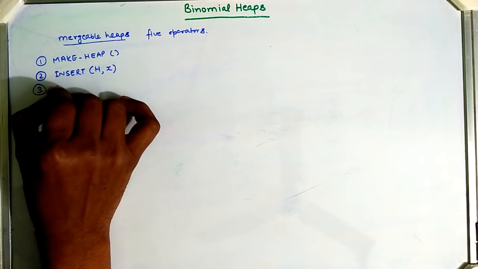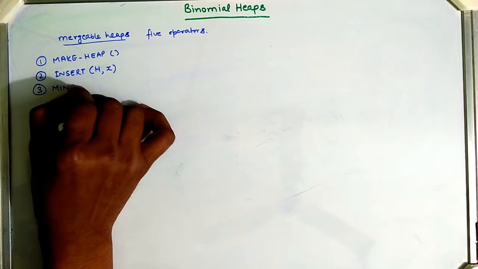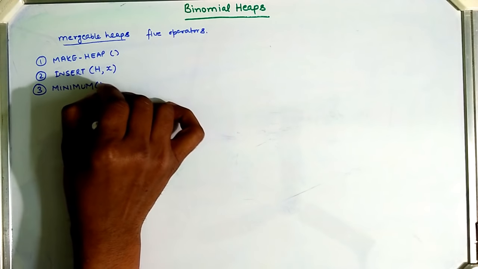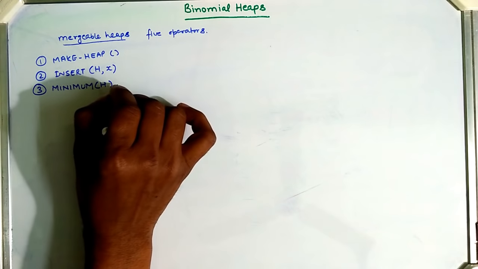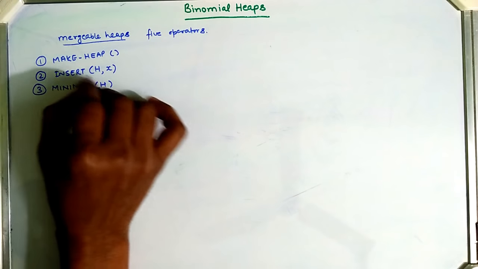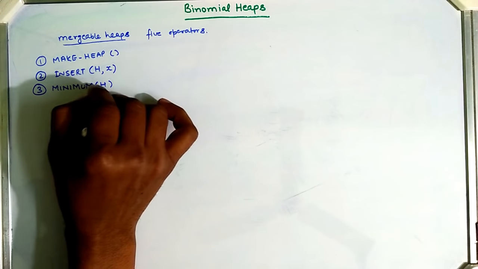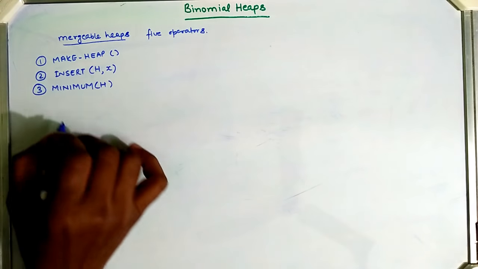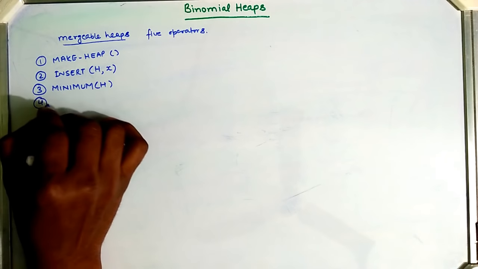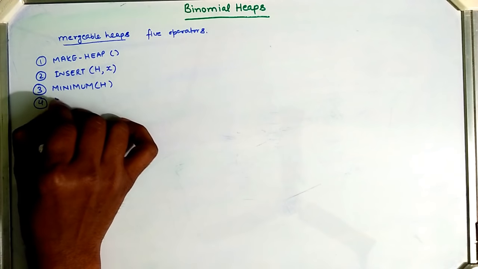Next is the minimum operation. This minimum operation on any heap H returns a pointer to the node in the heap H whose key is the minimum. Now fourth is extract.